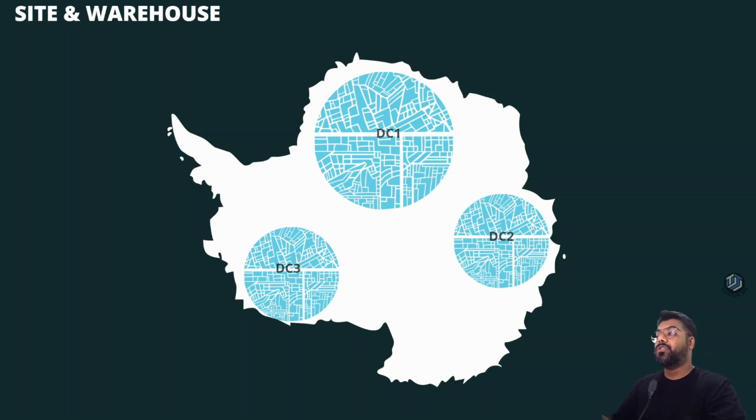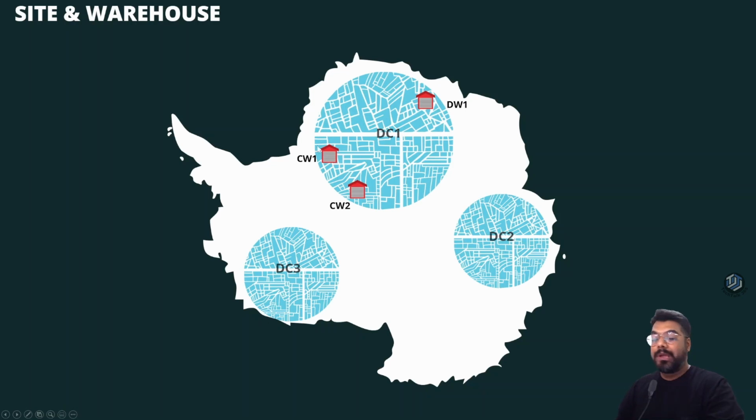For example, distribution center 1 has central warehouse 1, central warehouse 2, distribution warehouse 1, etc. Likewise, site 2 and site 3 may also have different sets of warehouses associated with them. These warehouses are physical buildings, and they have their own address, etc.